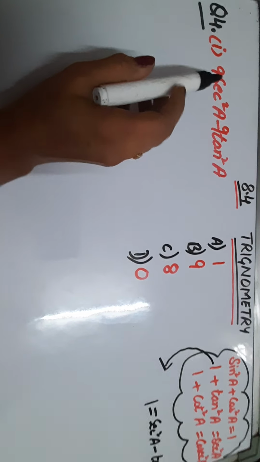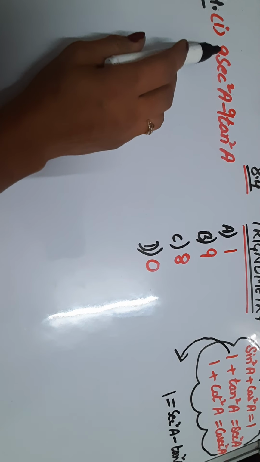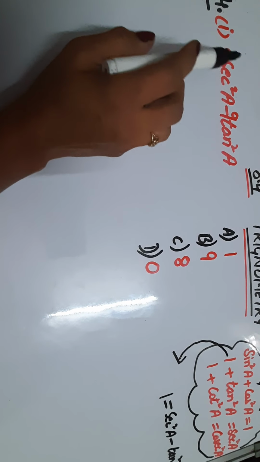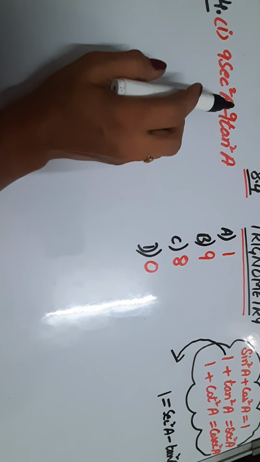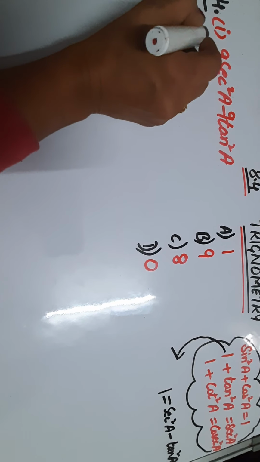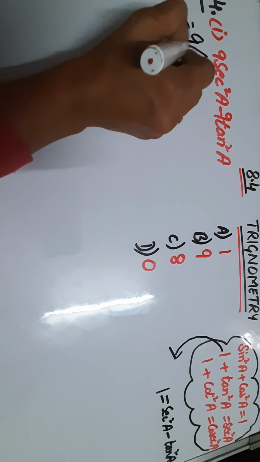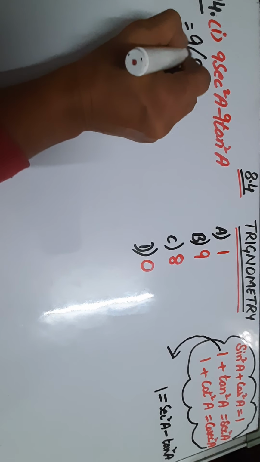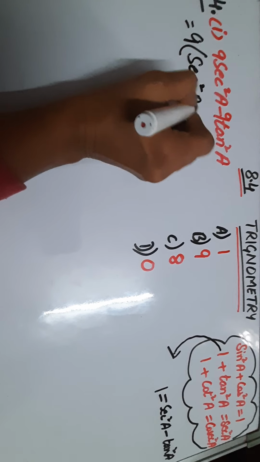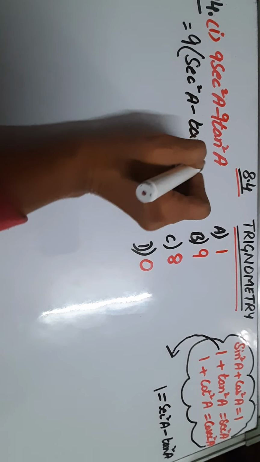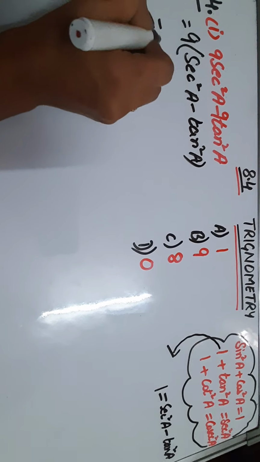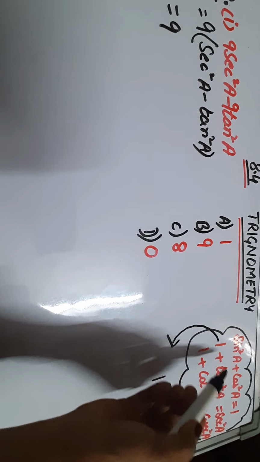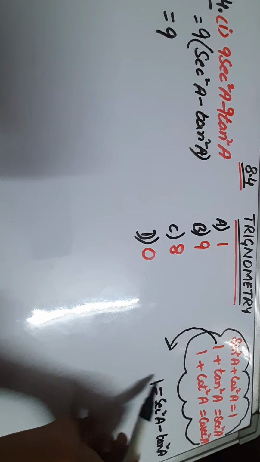But here we can see there is a coefficient 9 with both of them. So first of all, is there any way to remove this 9? Yes, let us take it out as a common factor, because it is along with both of the trigonometric ratios. So we'll get 9 times secant square A minus tan square A. But as I told you, secant square A minus tan square A, from the second identity, has the value 1.